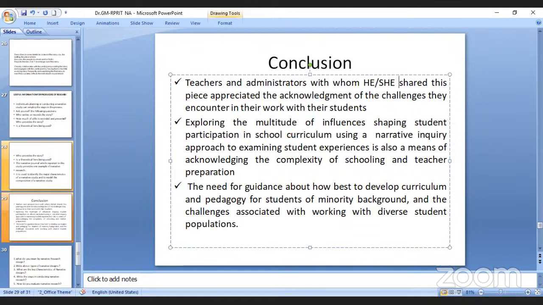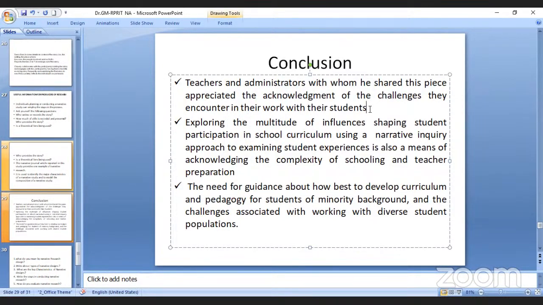So this narrative story research explained that the teachers and administrators with whom he shared this piece appreciated that acknowledgement.